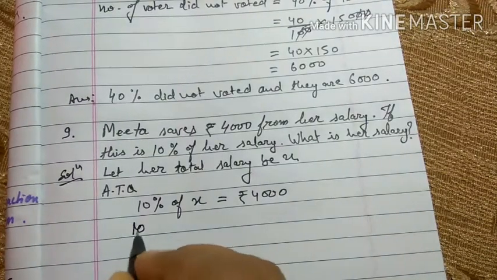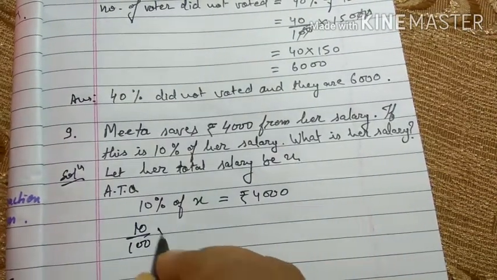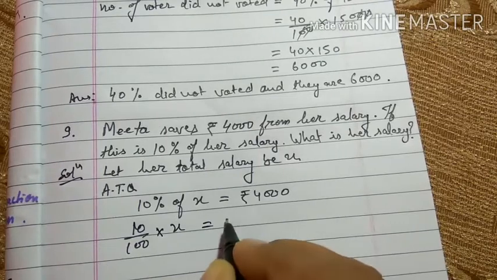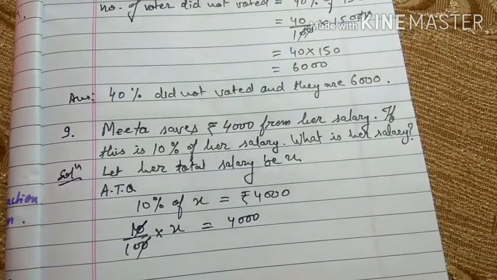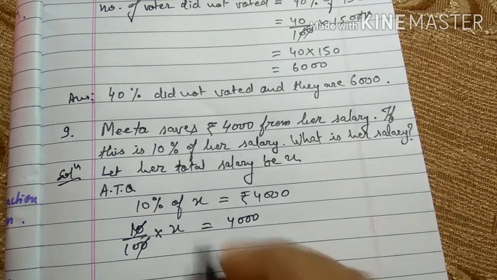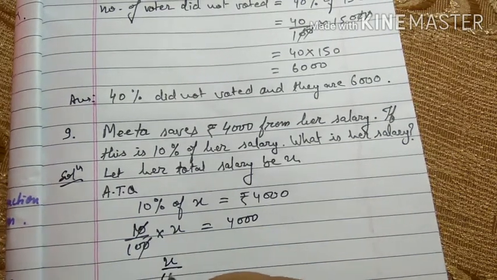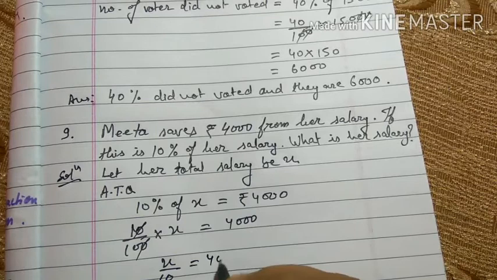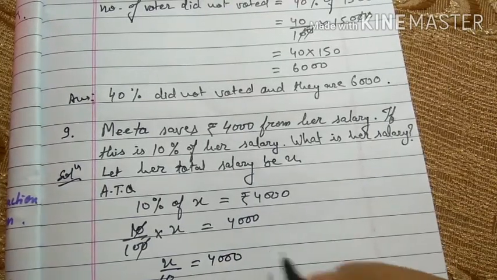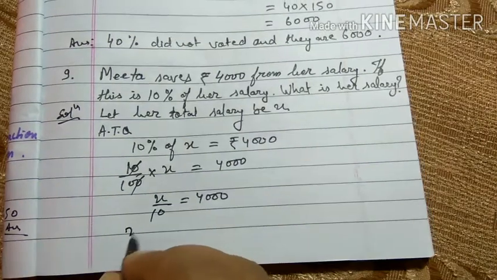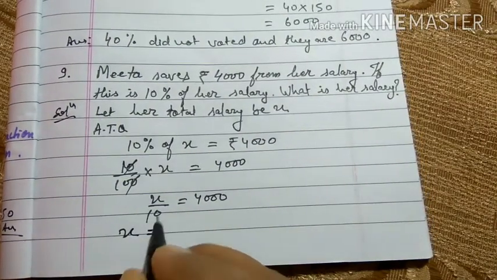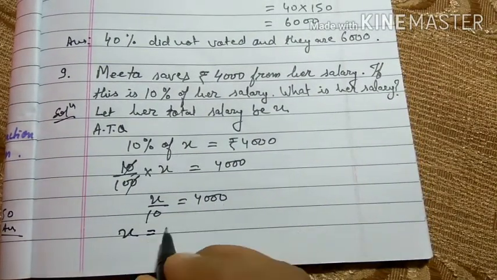So 10% means 10 by 100 multiplied by X, and this will be equal to 4,000. So we will cancel this 0 with this 0. It is X by 10. X by 10 is equal to 4,000. So X is equal to, this 10 is transposed and multiplied to 4,000.